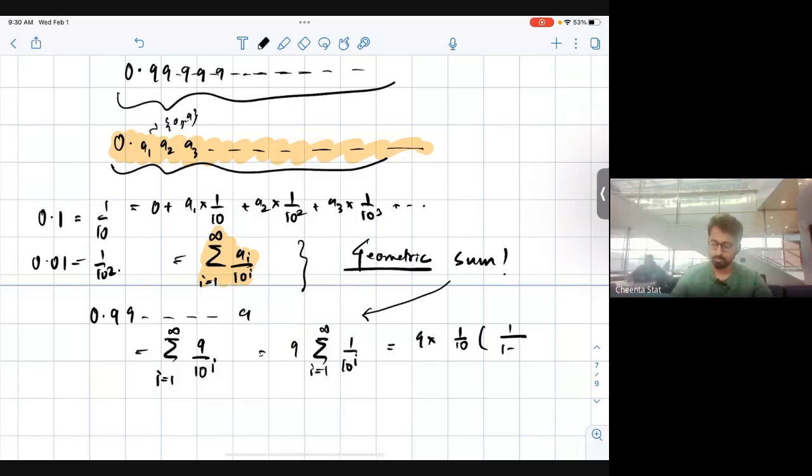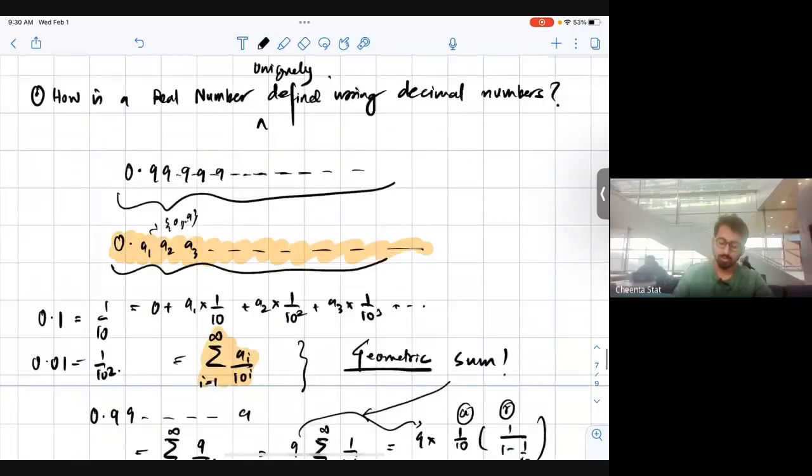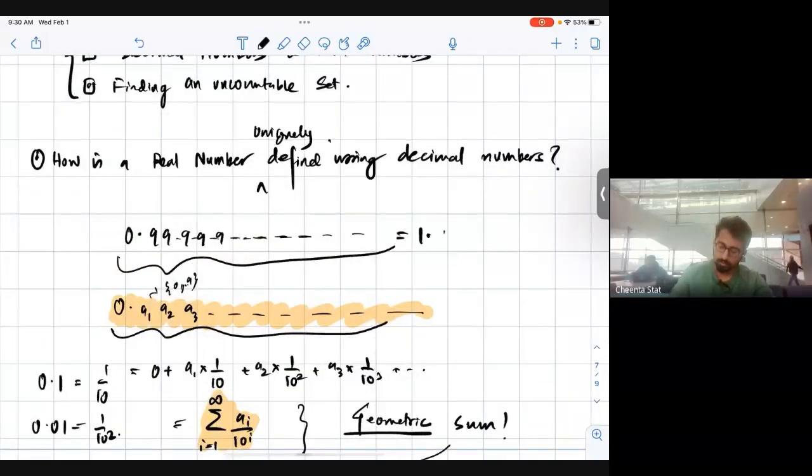So it's a by 1 minus r, with the constant 9 outside. So the 9 gets cancelled, the 10 gets cancelled, and you get 1. Therefore, this is nothing but 1.00000. This is interesting, right?